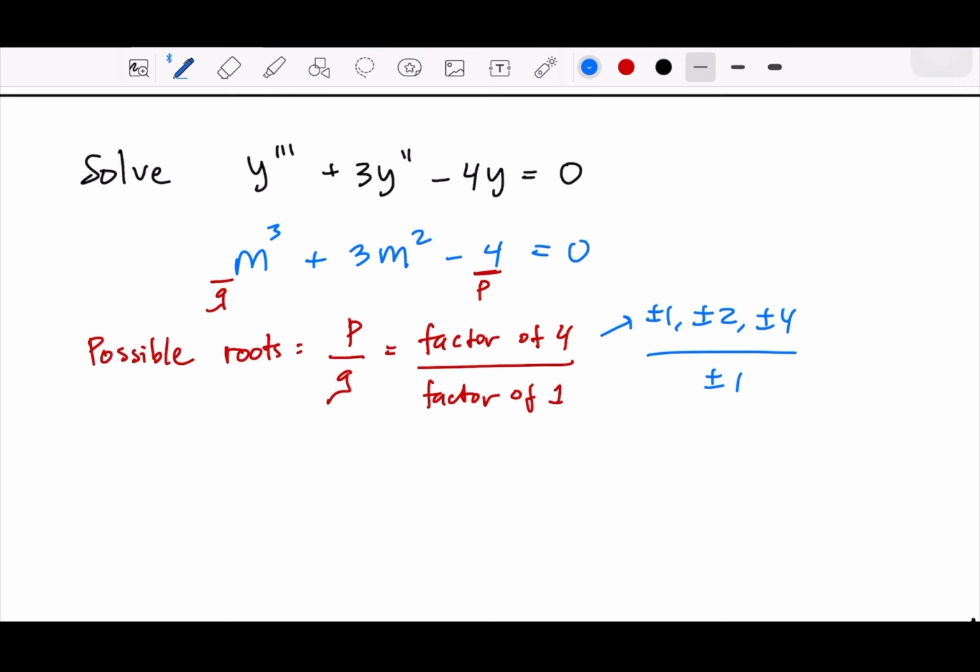And also to narrow our solution, we could also check with Descartes' rule. I don't want to review that, maybe it's too long.